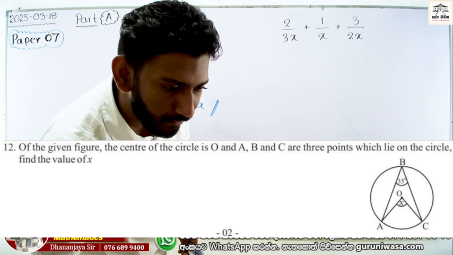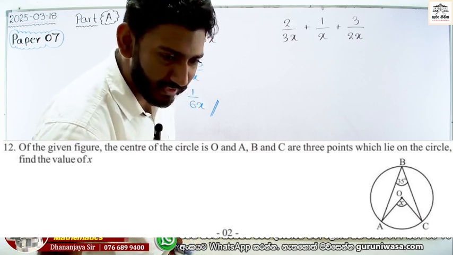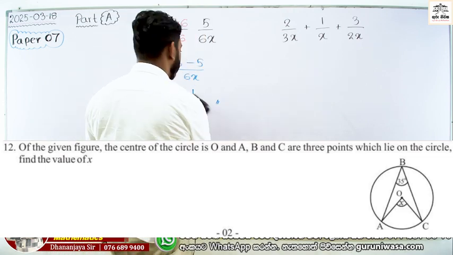What is the answer? 19 divided by 6x, right.